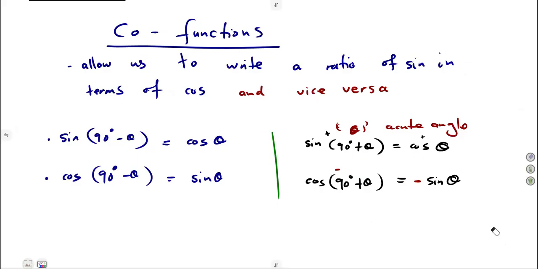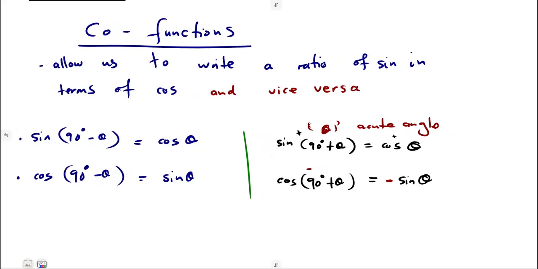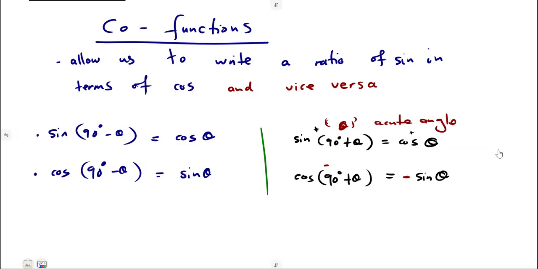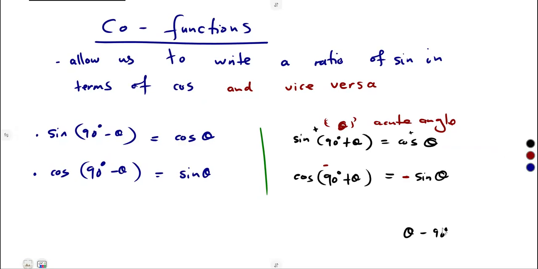Also, it can be a condition where this is now taken to the fourth quadrant, when we've got something like theta minus 90 degrees. You just consider the same thing, guys. Because theta minus 90 is a negative angle, and theta is an acute angle, an acute angle minus 90 is going to give us something in the fourth quadrant, where cos is the only one which is positive.